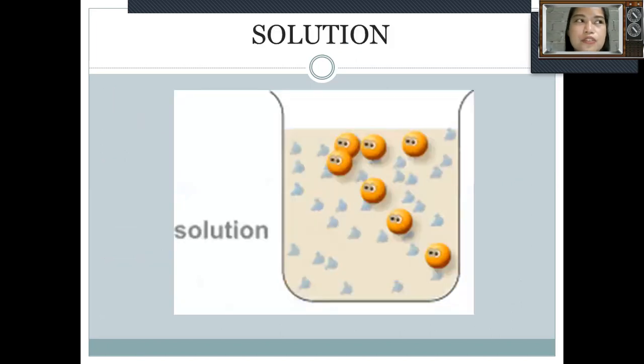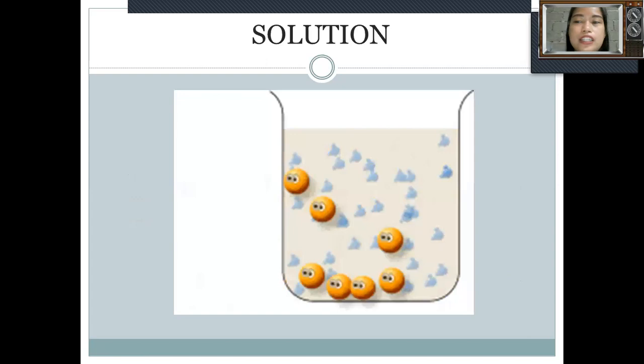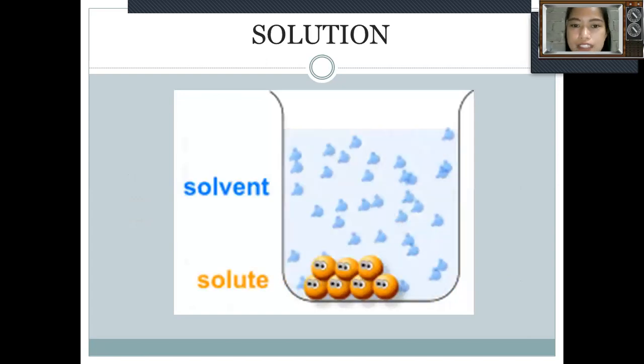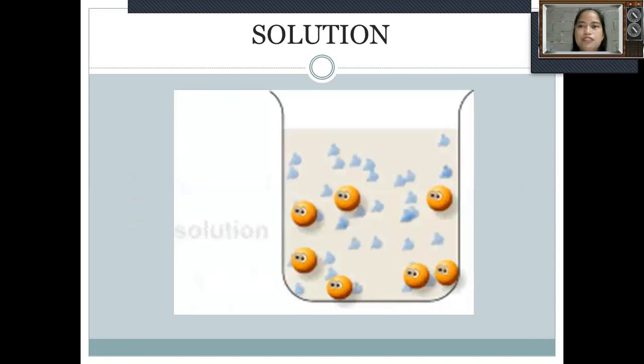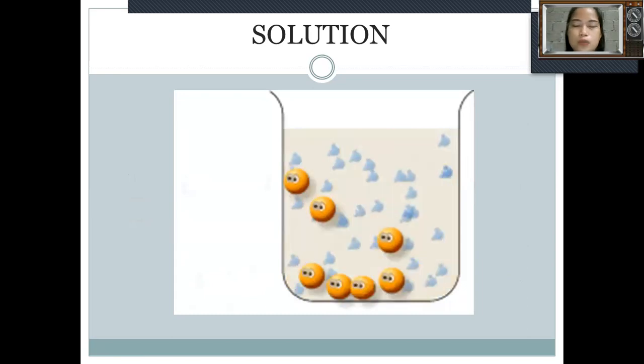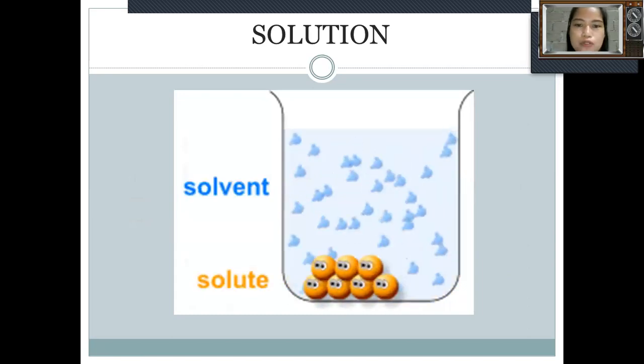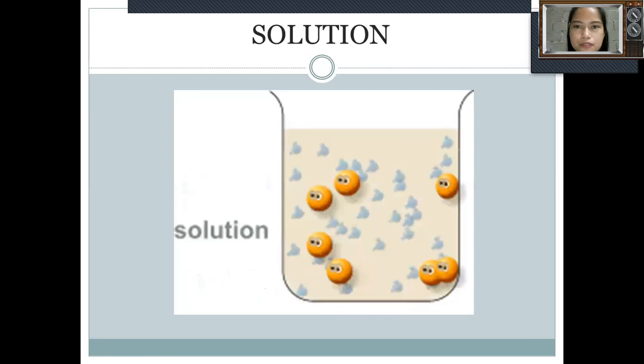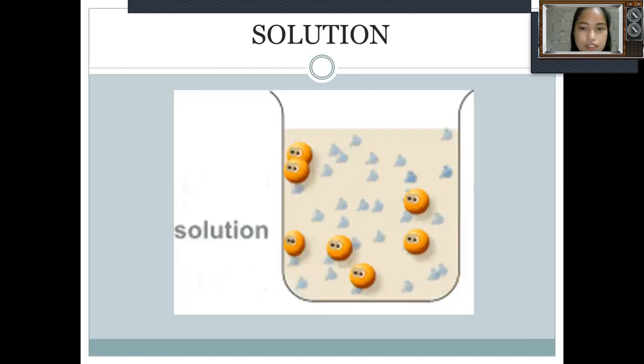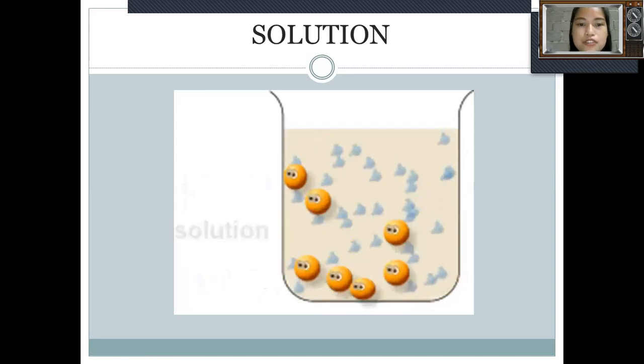So we now proceed with the lesson and further know more about what a solution is. So you can picture it from this animation. So take a look.